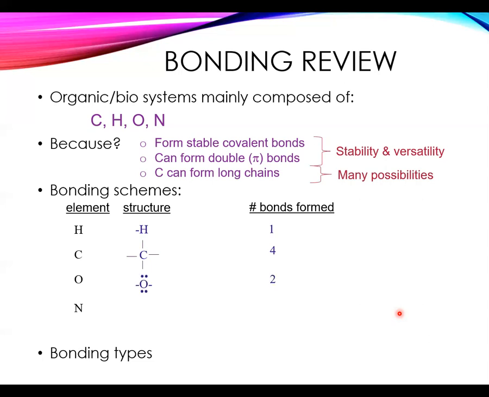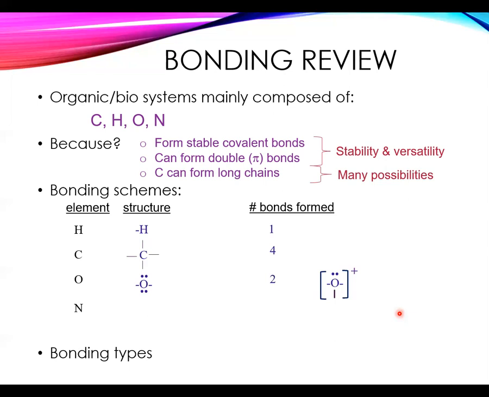Oxygen forms two bonds normally and has two lone pairs, so it does have a complete octet. Two bonds, two lone pairs. One thing you'll want to remember, though, is that oxygen can actually make a third bond. It can use one of those lone pairs to, say, attach a hydrogen.